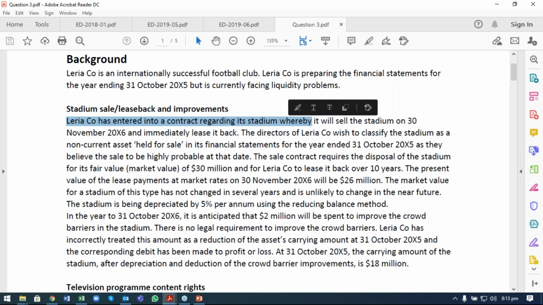As far as my judgment is concerned, as there is a binding contract, I consider that yes, this asset is already sold out. The company has already found a customer, right? The company is not looking for the customer or locating the buyer. It has already been located, the contract was signed, and the sale transaction was highly probable.